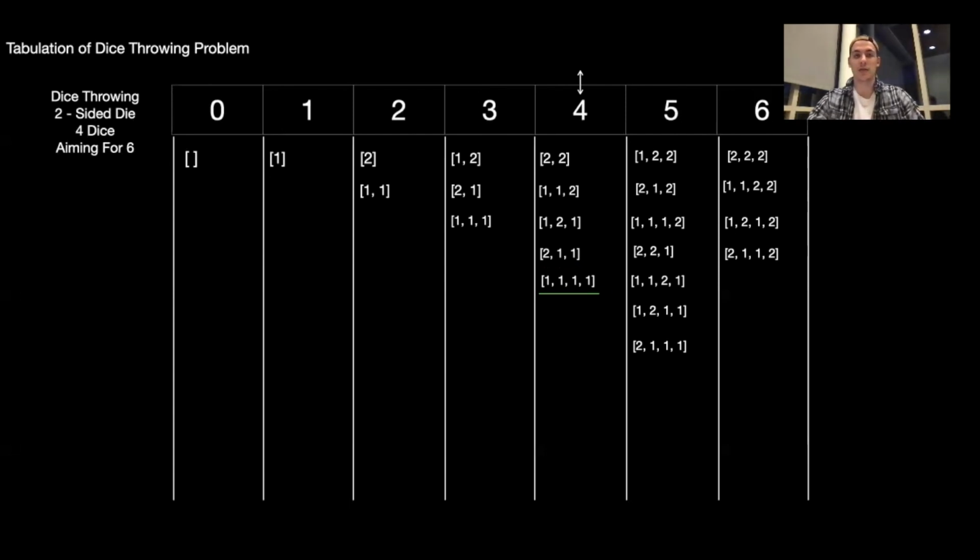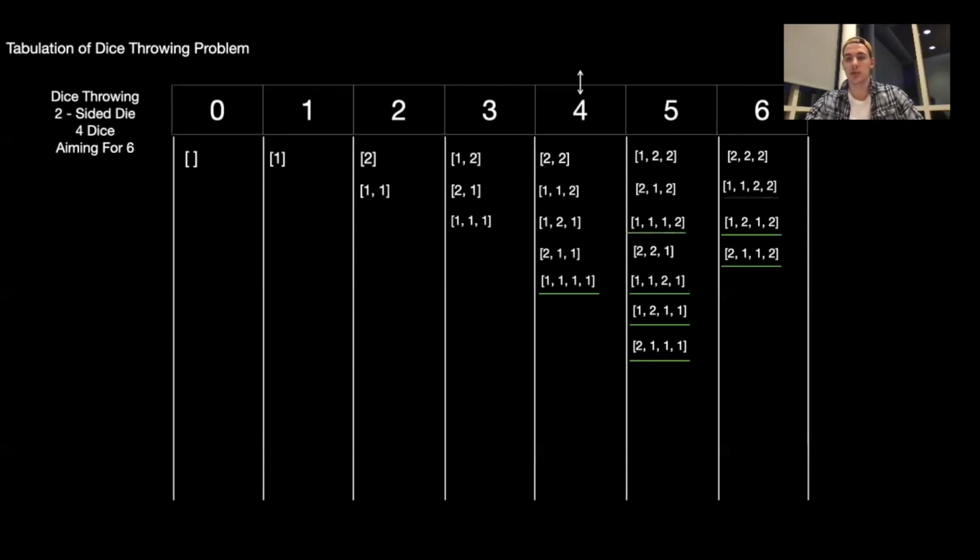Because we only have 4 dice, you can't attach anything else to this array. Position 4 is where this array is going to stay because that's where its 4 dice put it. So we don't add a 1 and put it in position 5. We are just done with that array. And that's the case for every array within this table that has a length of 4.